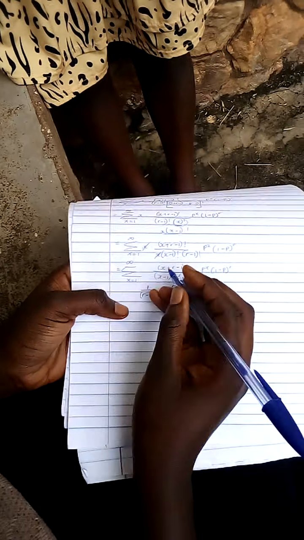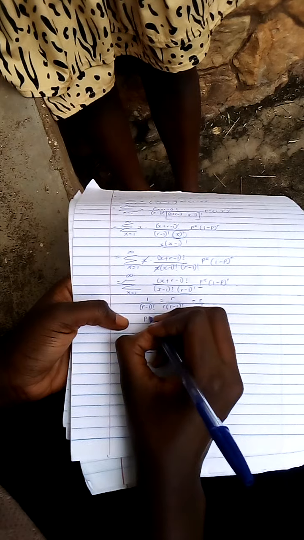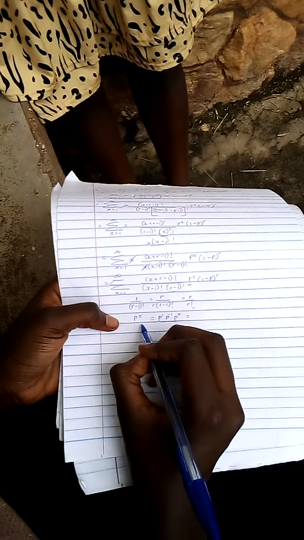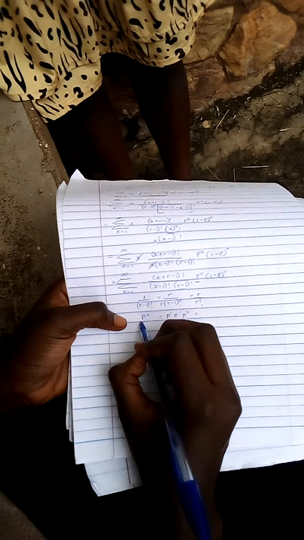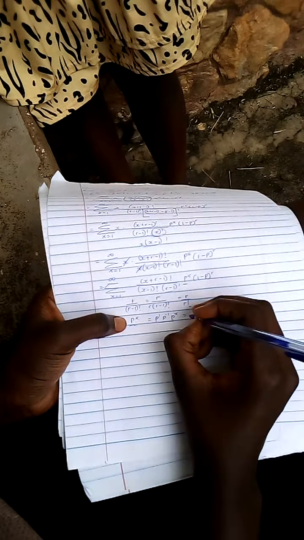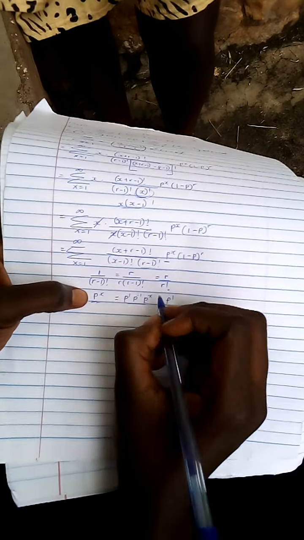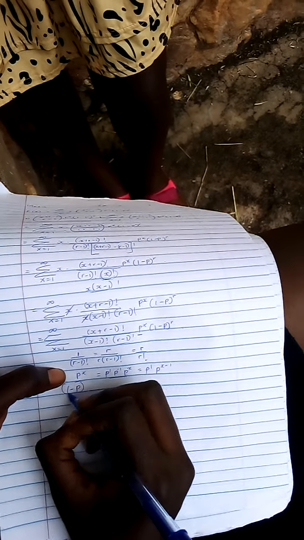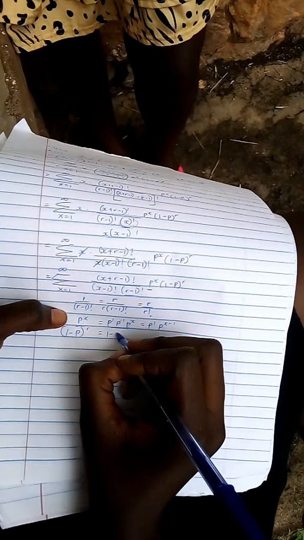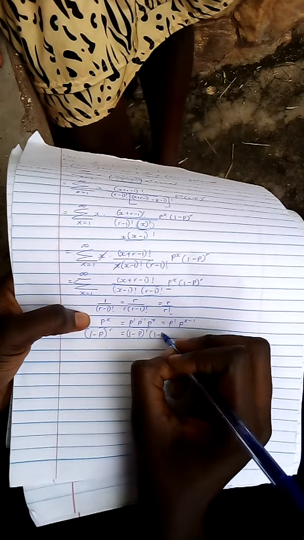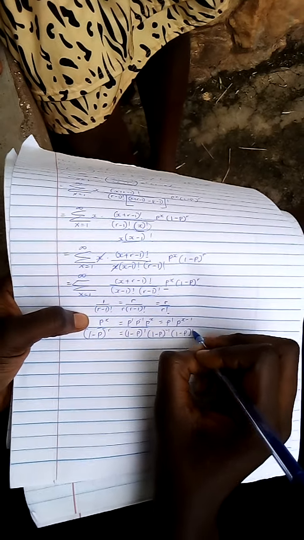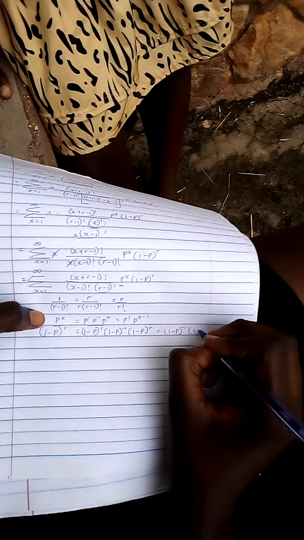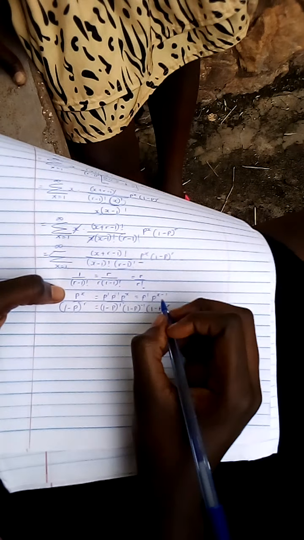And then even this, when we simplify it, we shall have p times p^(x - 1). This is the same as this because it doesn't change the meaning. So we shall have p into p^(x - 1), then p^x (1 - p)^r will be (1 - p)^(-1) times (1 - p)^r, which is the same as (1 - p)^(-1) times (1 - p)^(r + 1), adding these powers.